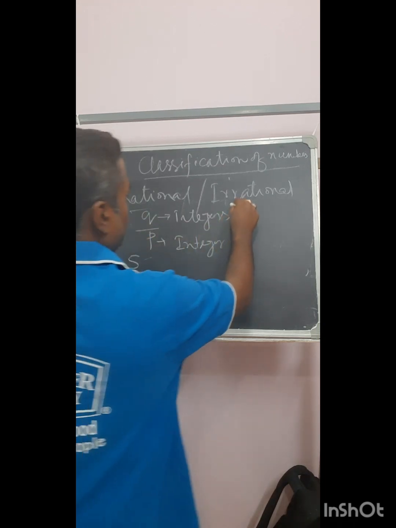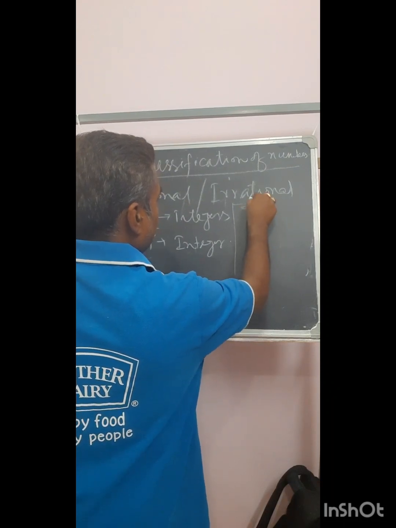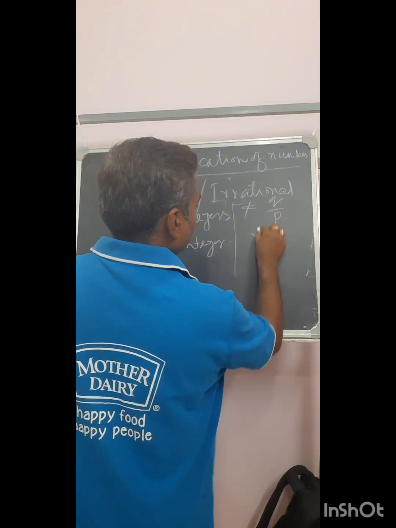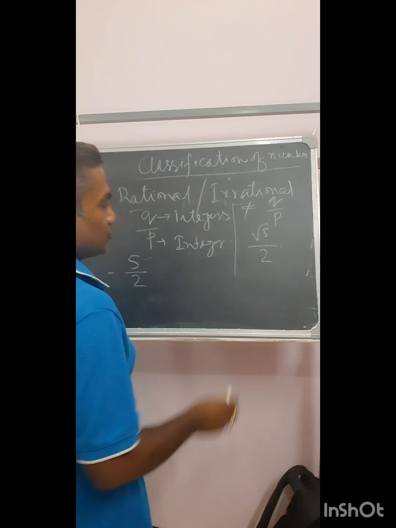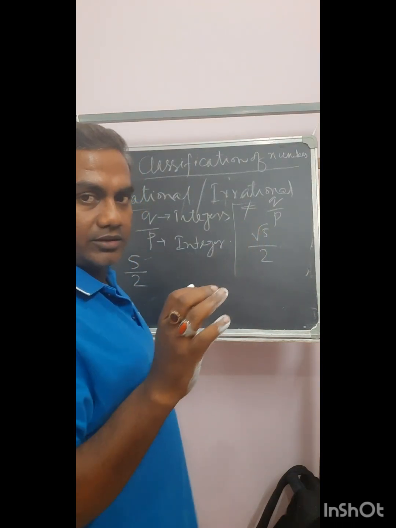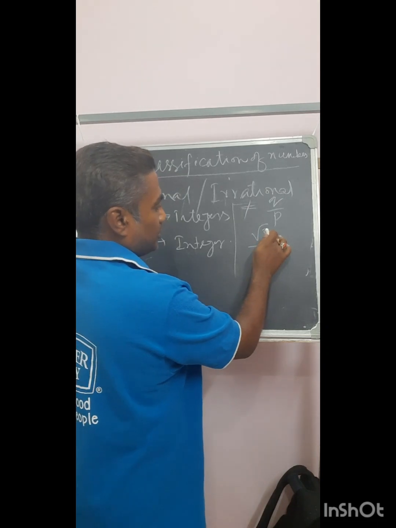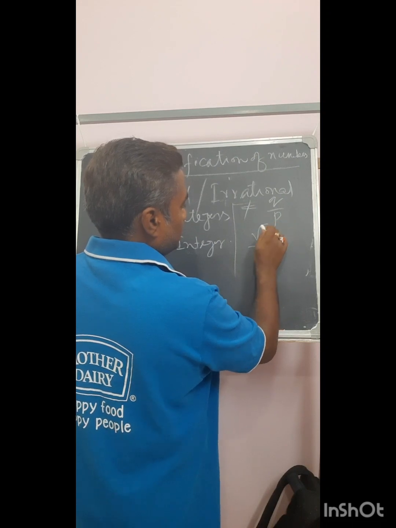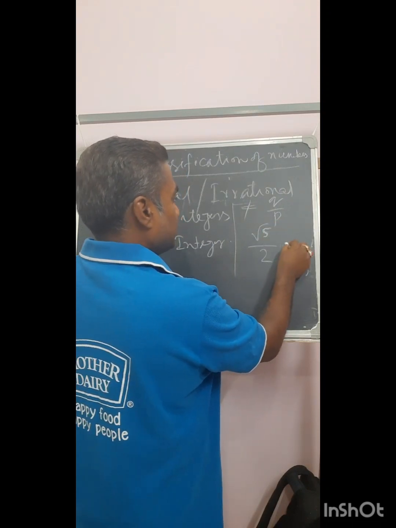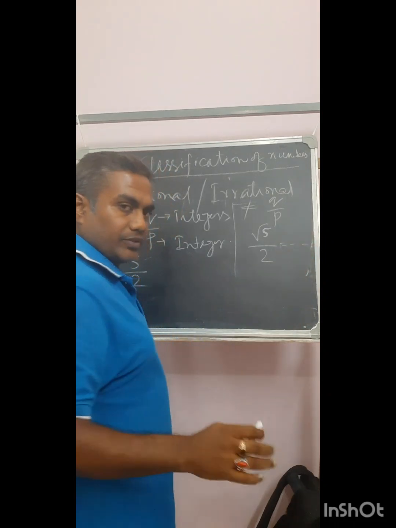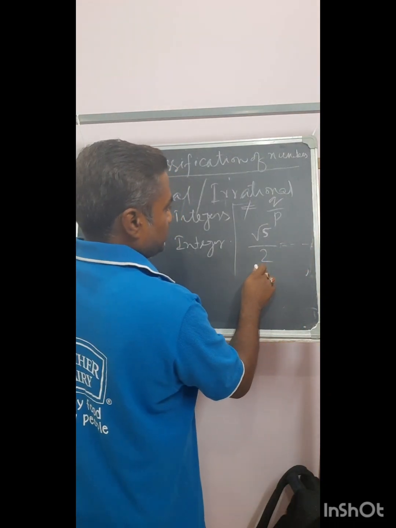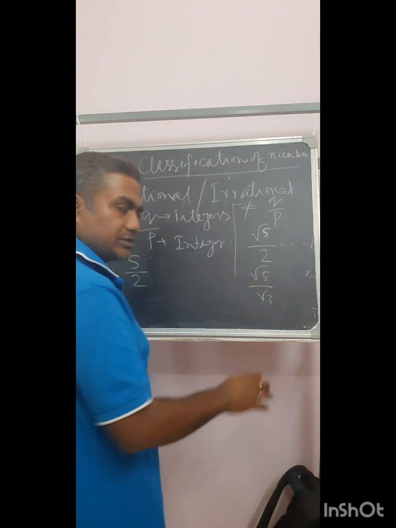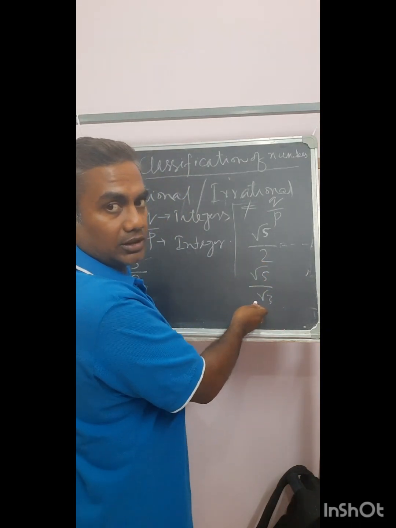Whereas an irrational number I cannot represent as p by q. If I take the example of root 5 by 2, root 5 is not a perfect square, it cannot be perfectly factorized. So this kind of thing, or else 5 by root 3, is also an example where it is not an integer.